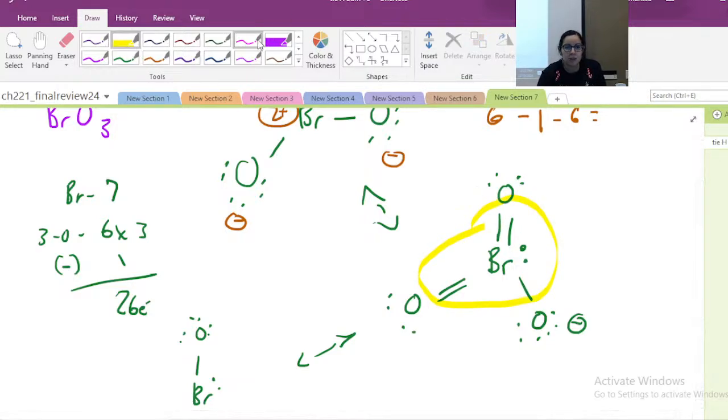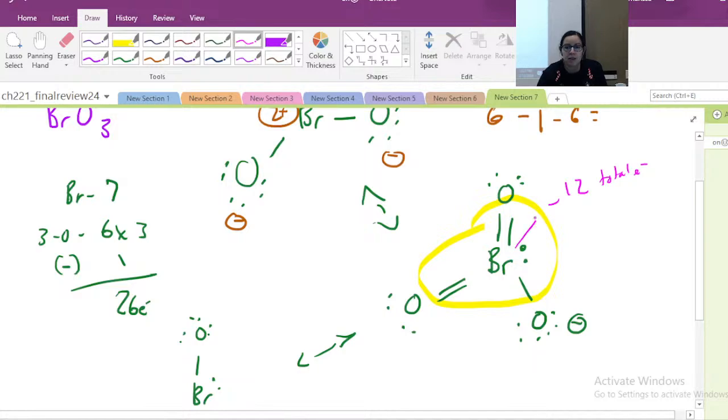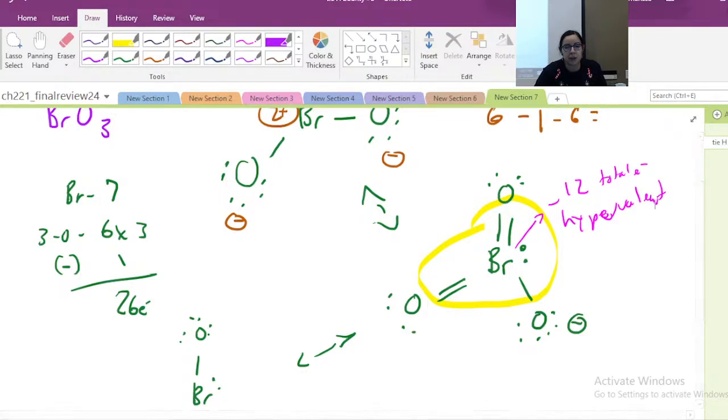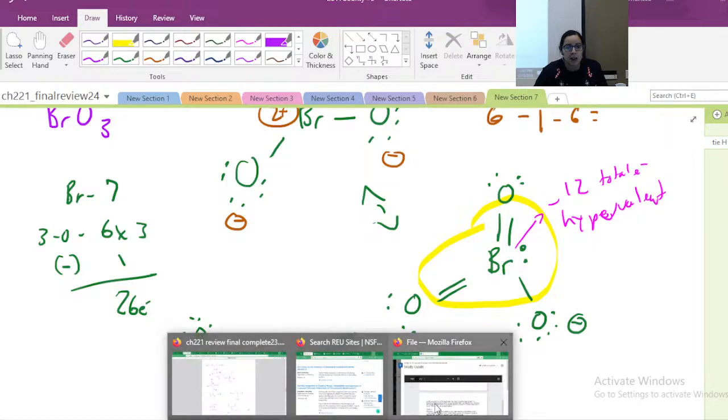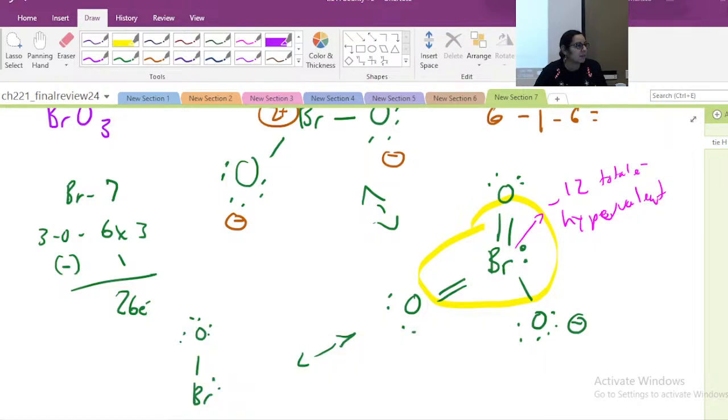And so that's okay. So it has 12 total electrons that it feels on our bromine. And so it can go hypervalent, that is a term, and that's okay. And we mentioned that typically happens with the third row of the periodic table. And it's more of a size argument rather than a d orbital argument.